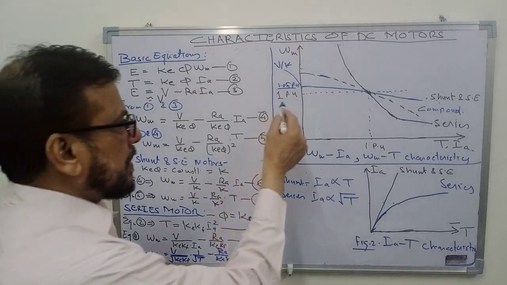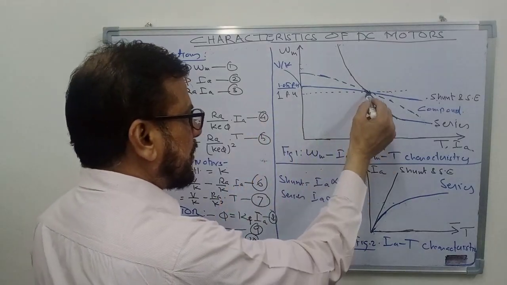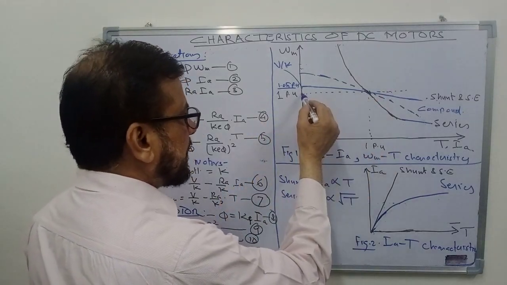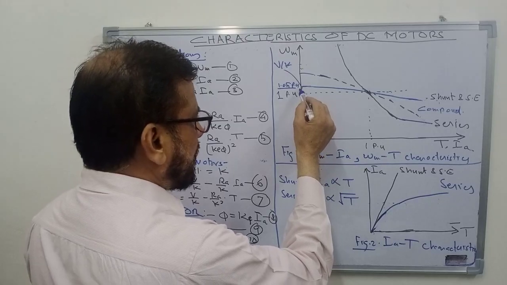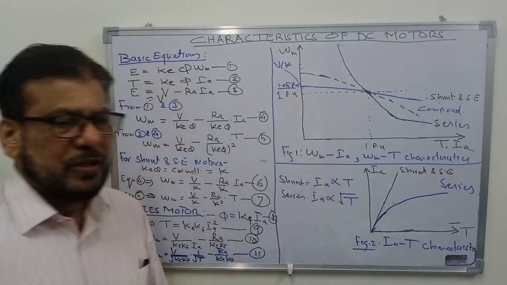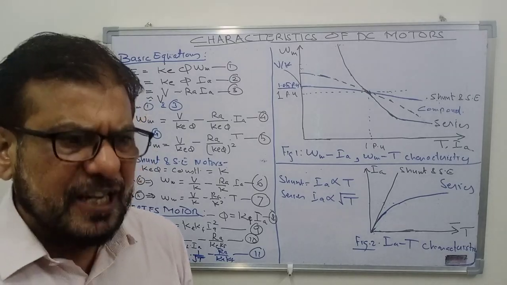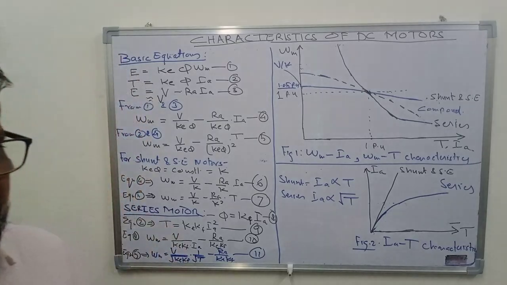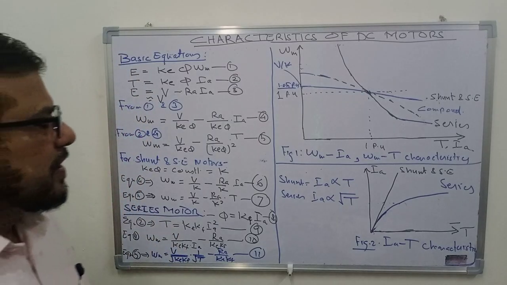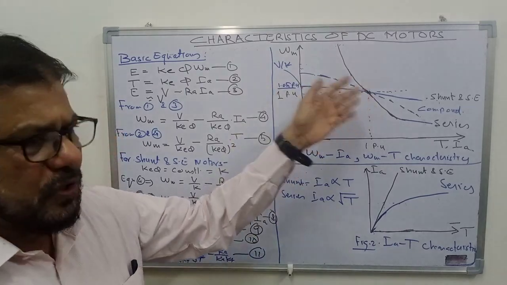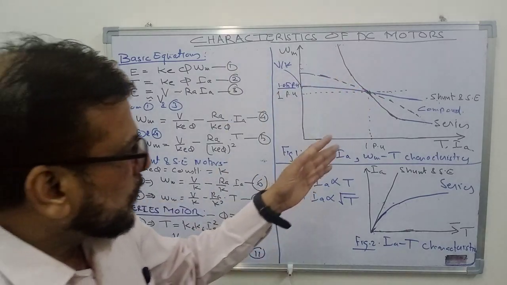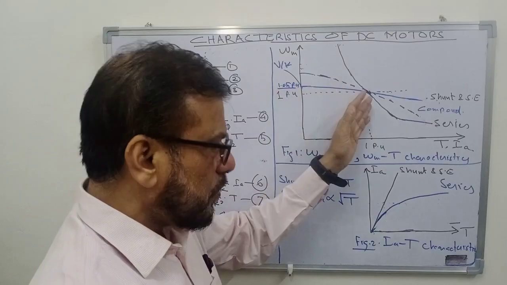As I have shown here, this is the 1 per unit point, that is the rated speed, and at no load the speed is equal to 1.05 per unit, that is 5% more than the rated speed. Usually this is the case, the speed drop is about 5% as the motor is loaded from no load to full load.